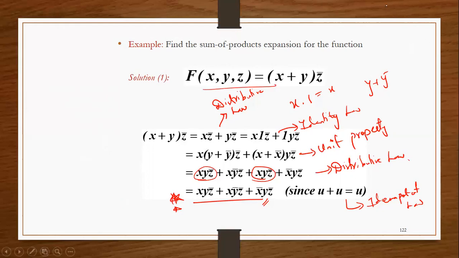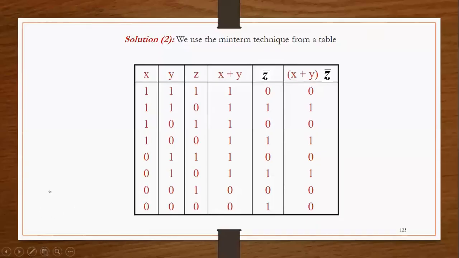Now next, instead of using all the laws, I can also use my minterm technique. What I'll do is I will try to create the table for the given function. So it was x plus y into z bar. So here, what are the values I got 1 at? I will take those, and on which rows are those valid?